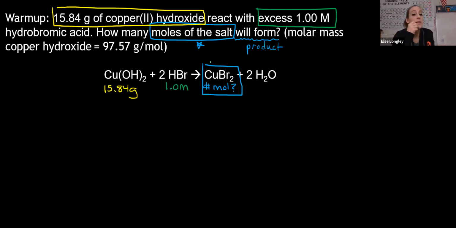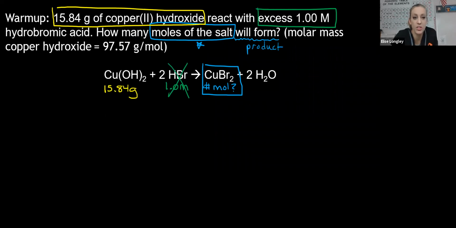Okay, something we've talked about, we're gonna talk about it more specifically. When I see the word excess, I now know that this doesn't matter, okay? And I'll tell you why. We're not gonna use the thing that's in excess in our question here because all that's saying is that there's more than enough for it to react.